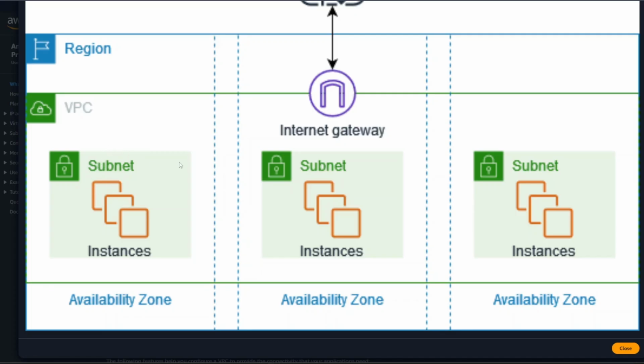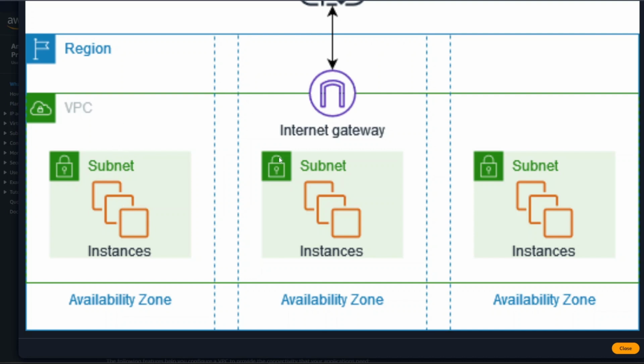So in the VPC we have different subnets, right? We can create a public subnet, and we can create a private subnet. The private subnet will have IPs from the CIDR range that we defined during the creation of the VPC, and the public subnet will have public IPs attached to the instances, or these subnets are connected to the internet gateway, so all the resources in these subnets will be accessible from the internet.